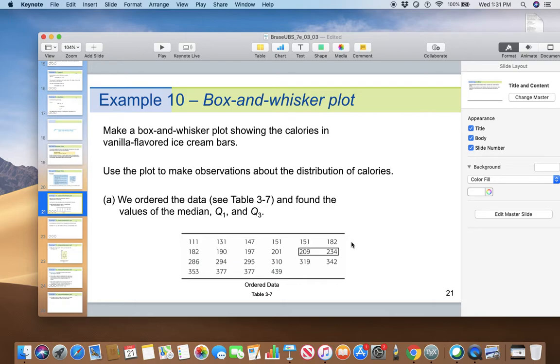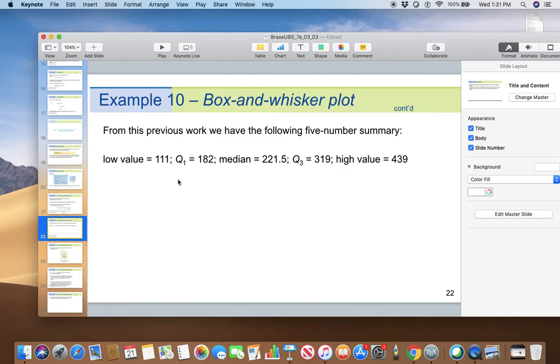22 is an even number. So 11 on the left, 11 on the right. So 1, 2, 3, 4, 5, 6, 7, 8, 9, 10, 11. That's the end of the first 11. The second 11 starts from here. So I'm going to add these two and divide by 2 to find the median. Okay.